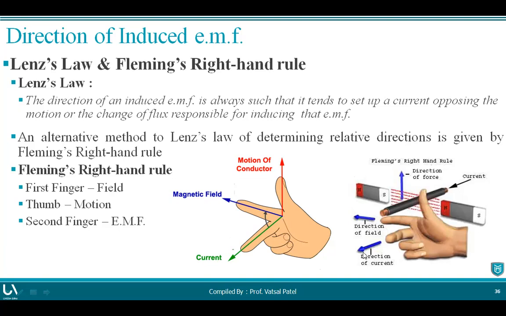At right angles, you identify the direction of the current inside the conductor. Here the direction of the current is indicated as incoming. This is what we call Fleming's right hand rule, used to identify the direction of the current, or the induced EMF, in the conductor.